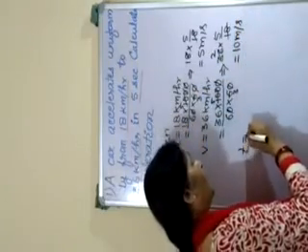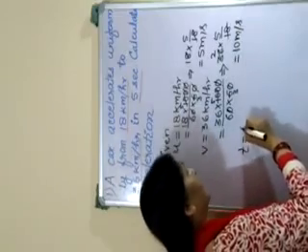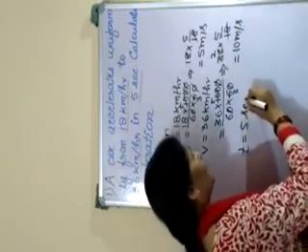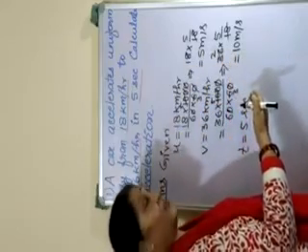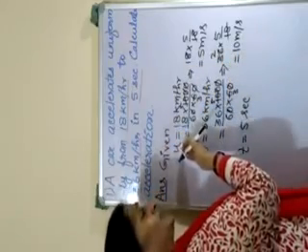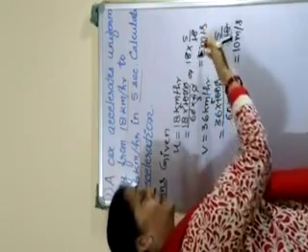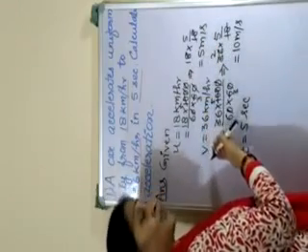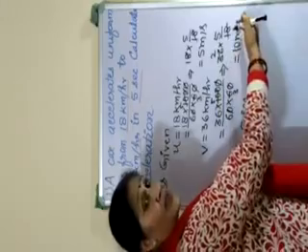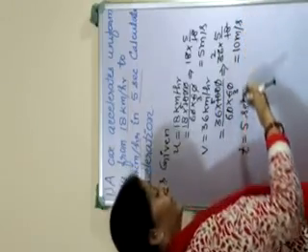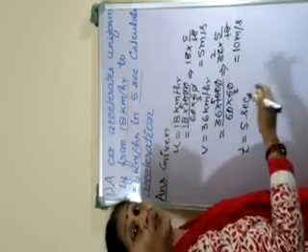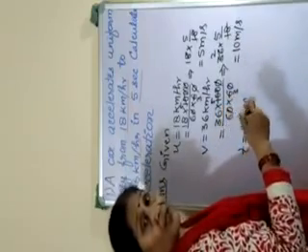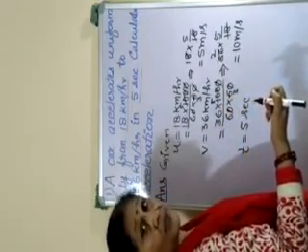Now we have all these terms in SI unit. Initial velocity is 5 meter per second. Final velocity is also in meter per second, that is 10 meter per second, and time is also in second. Now we have to put the proper formula and calculate, then we will get the answer.